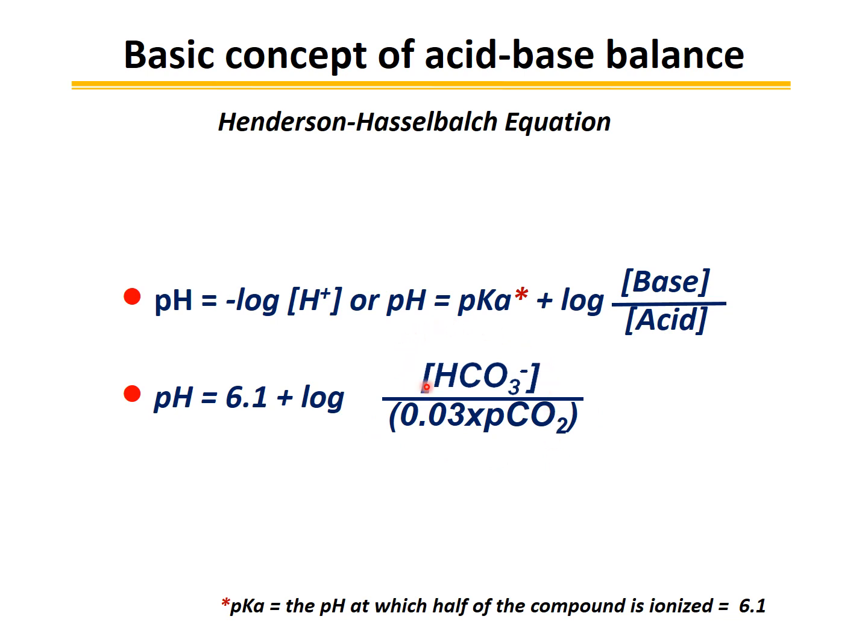And another component is bicarbonate, which is around 24 millimole per liter. Now, the Ka is a dissociation constant, at which half of the compound is ionized at this pH.